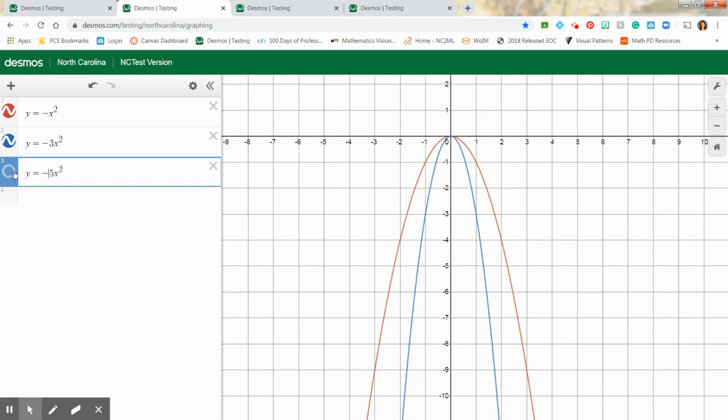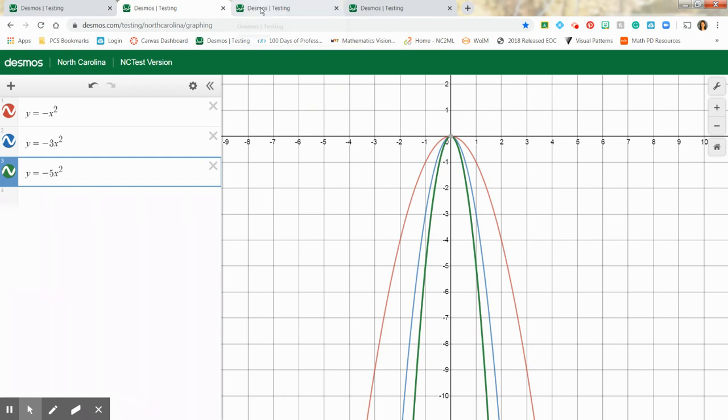So I'm going to have more negative numbers much faster. Same thing, if I made this negative 5x squared, it's going to be a skinnier parabola and we're getting more negative faster. So it doesn't only happen if it's a positive coefficient. It happens for negative coefficients as well.